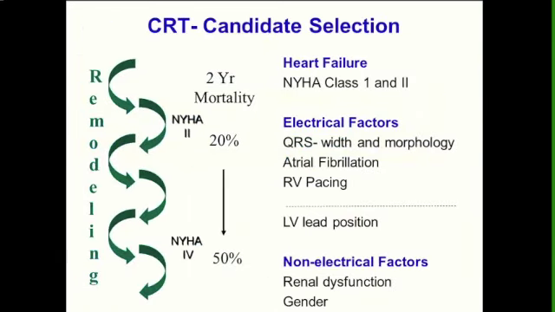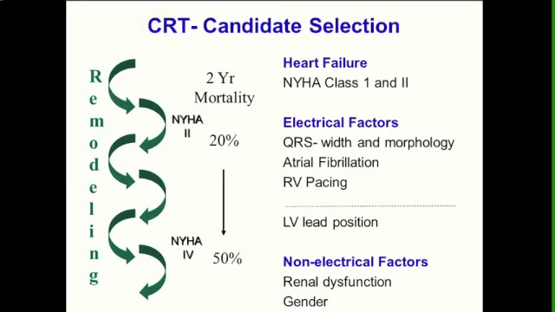And they have really addressed some of the major trials data that have emerged, addressing heart failure class 1 and 2. So although heart failure mortality is less when functional class is better, these patients are still vulnerable to heart failure hospitalization, which is a significant source of morbidity, and perhaps intervening earlier prevents the remodeling process.